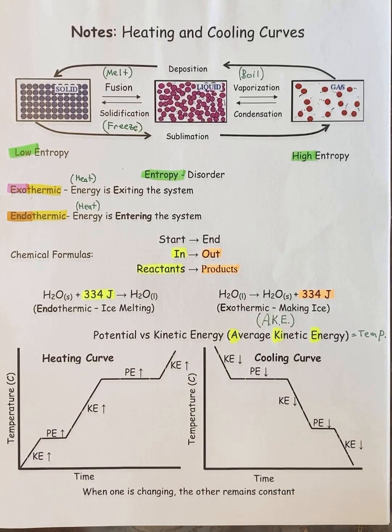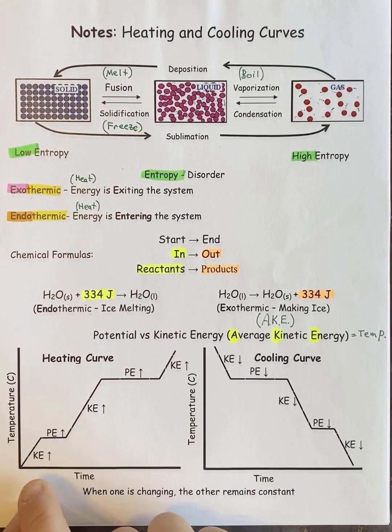Chemical potential is a little bit less obvious. It has to do with the molecules and how far apart they are and what they're doing. And so we're just going to learn it as kinetic versus potential, and we're going to really define it as kinetic or not kinetic. But potential is there. It is a little bit more complicated. We can explain it more if you need more than that at a later date.